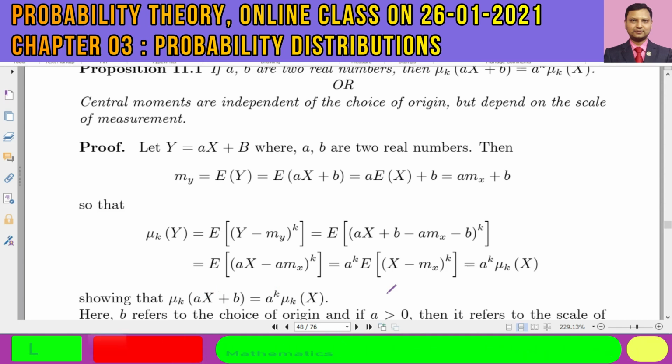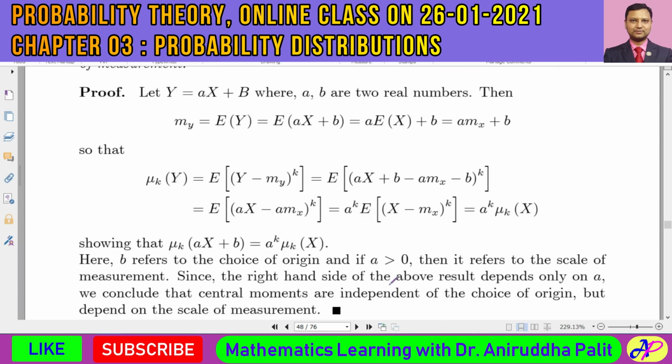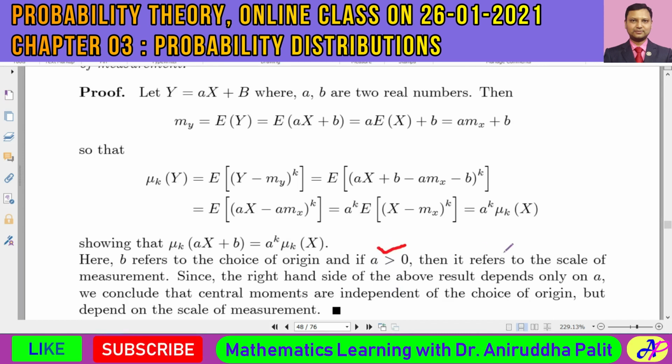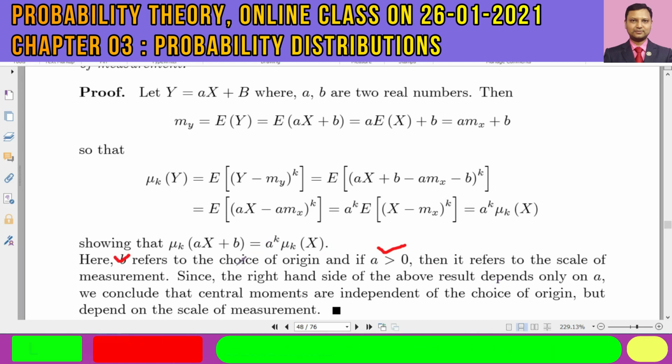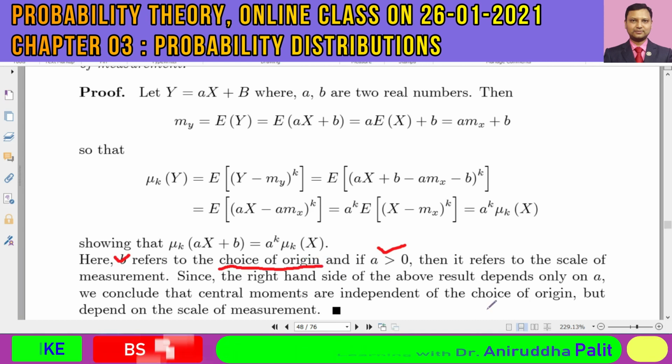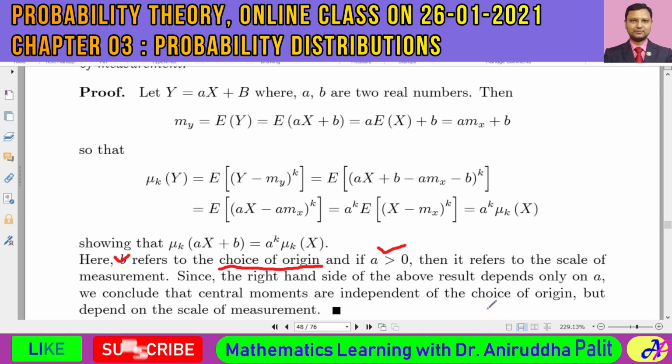So that was the proof. Particularly if a is greater than 0, then we get the change of scale, and b refers to the change of origin. What I told you earlier is that the result is independent of the change of origin, but it depends upon the change of scale. Got it? That is the final conclusion we have from this result.